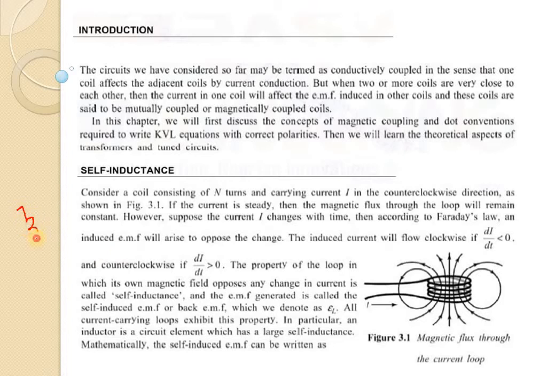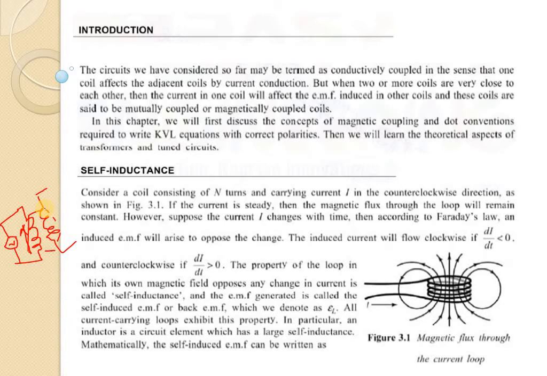Here we are highlighting that if two coils are adjacent to each other, and we give supply to one coil, then a self-induced EMF will be produced in the coil where we have given the supply. Due to that EMF induction, a flux will start going, and this flux will link the adjacent coil.